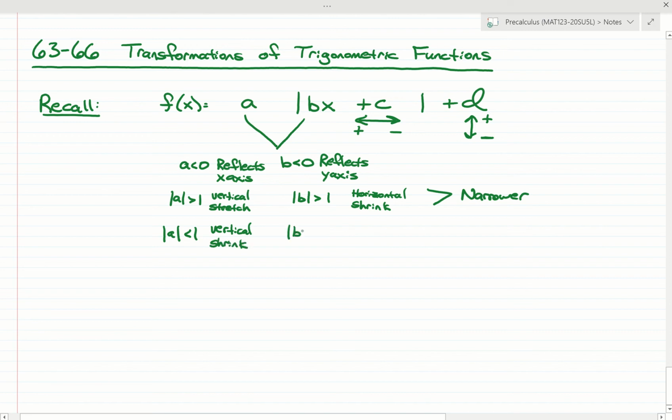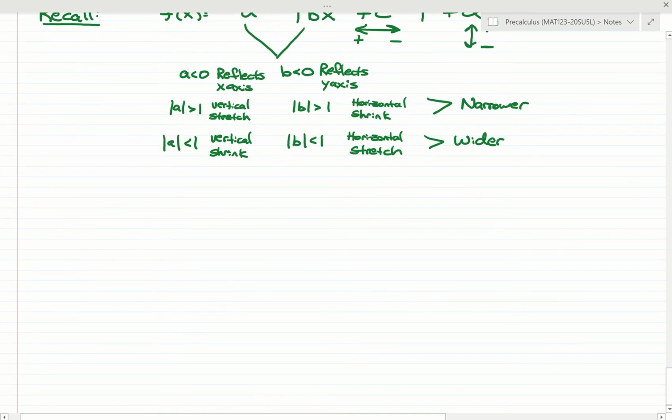And if the absolute value of B is less than 1, this is called a horizontal stretch. Both of these actions make the graph appear wider. Now let's take a look at how this affects trig functions.